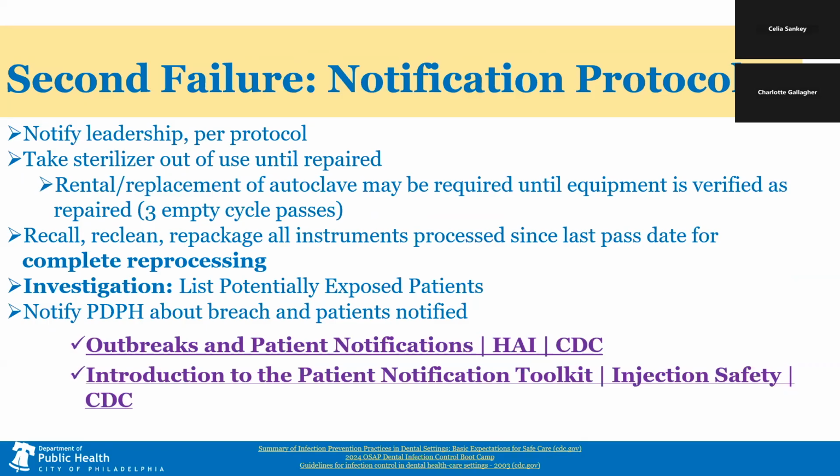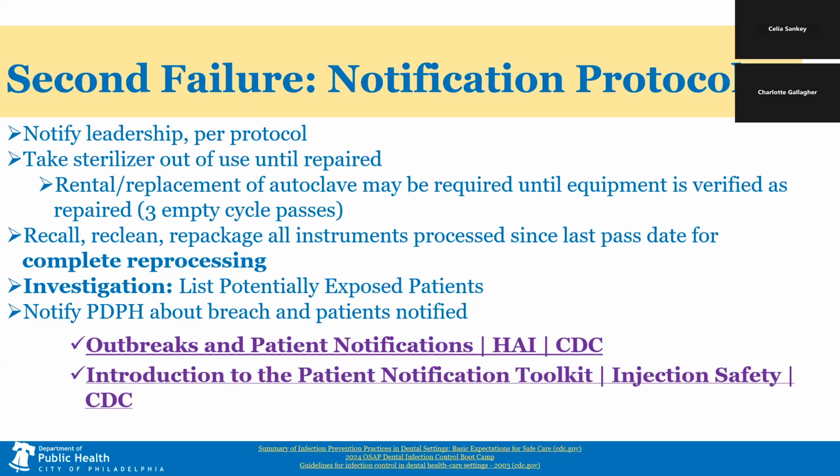Meantime, all instruments processed since the broken sterilizer's last pass date must be recalled, recleaned, repackaged, and sterilized in a fully operational sterilizer. All patients exposed to contaminated instruments should be notified about the risks of potential exposure and means of testing or potential treatment. We at PDPH should also be notified of potential breaches.